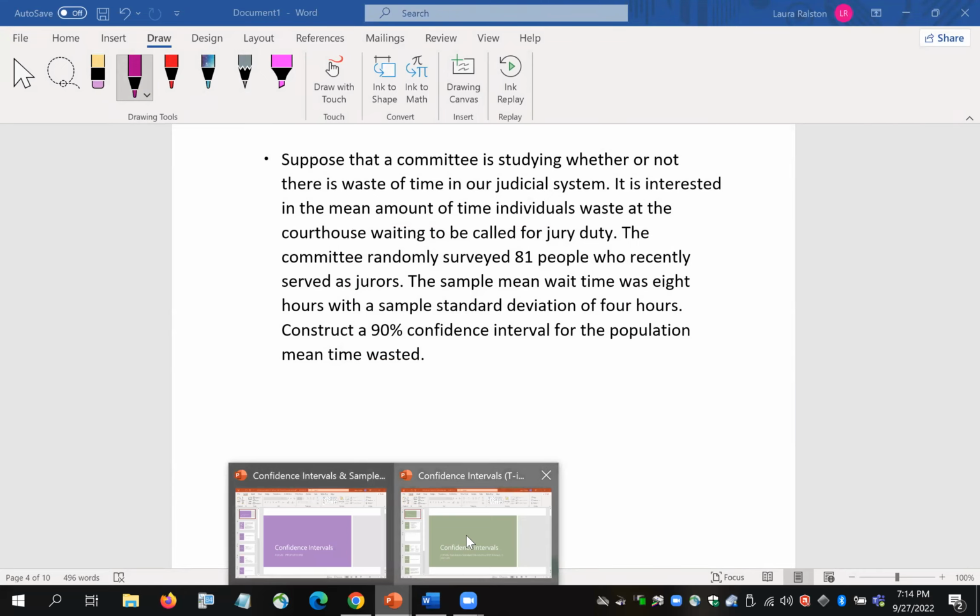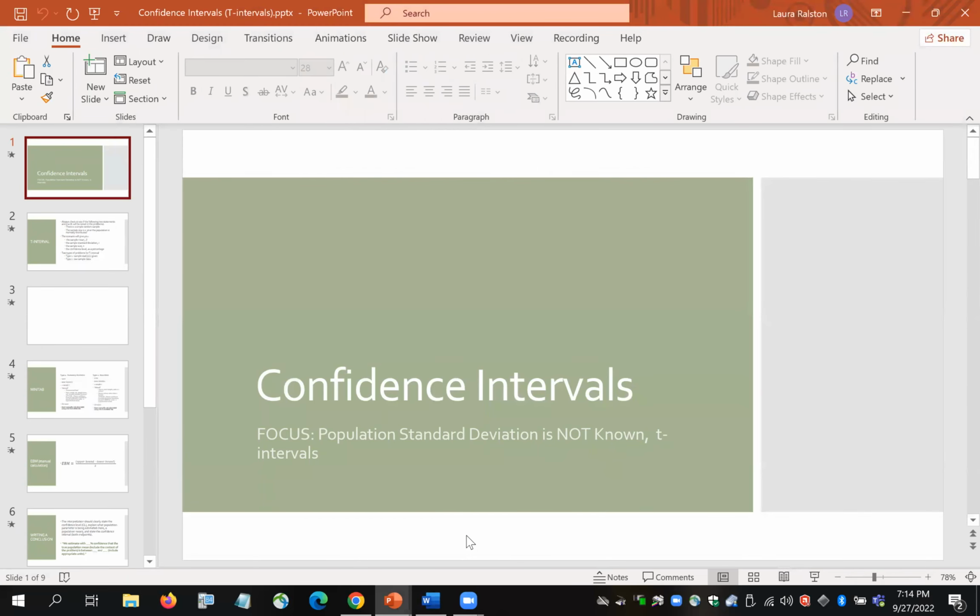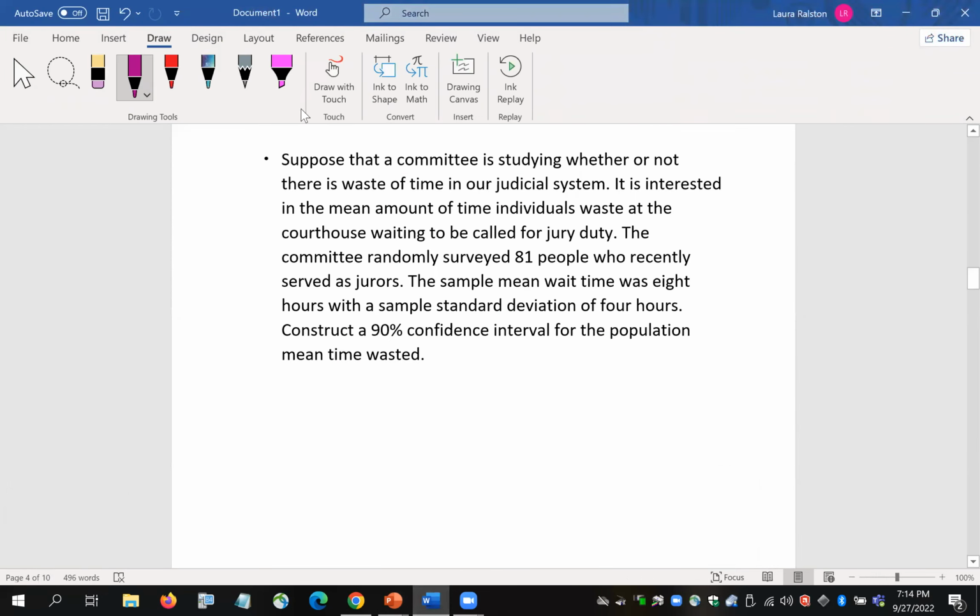Because it's the same idea, but the second type that we look at is where the population standard deviation is not known. For example, if we look at the next example that I have on this page and we read through it, suppose that a committee is studying whether or not there's a waste of time in our judicial system.